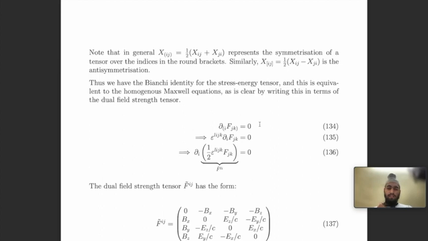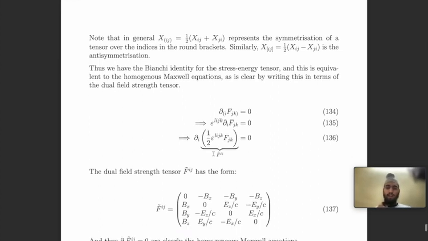You can rewrite this if you wish in terms of the dual field strength tensor, which is defined as half epsilon^{lijk} F_jk, right? Epsilon^{lijk} is the Levi-Civita tensor. It is a fully antisymmetric fourth rank tensor, and you can look up its standard definition. If you have epsilon 0, 1, 2, 3, that would be 1. If it's 0, 1, 3, 2, then it would be minus 1. If it's 0, 1, 1, 2 or something, then it would be 0.